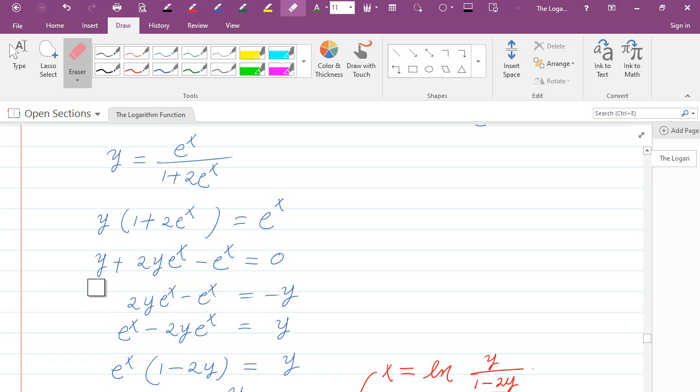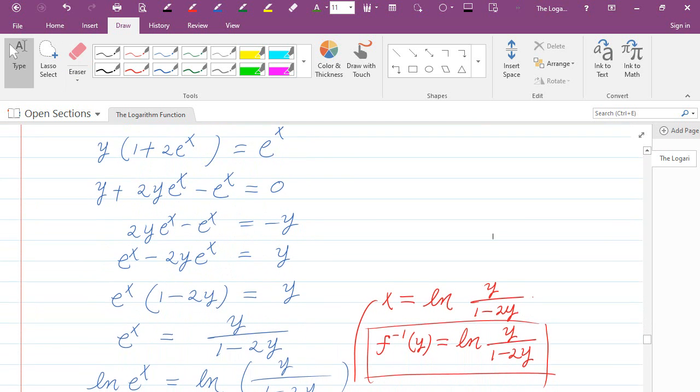So now I'm going to send y to the other side, so you get 2y e to the x minus e to the x is equal to negative y. Okay, so I'm now multiplying both sides by a negative 1, so I get e to the x minus 2y e to the x is equal to y. Factoring out e to the x here, so I get e to the x times 1 minus 2y is equal to y.